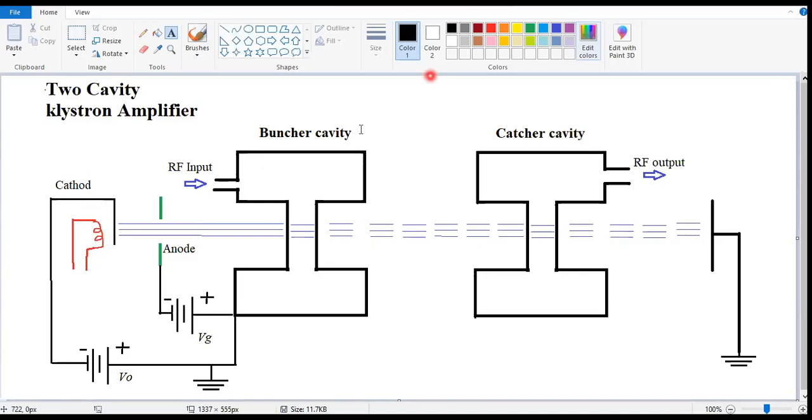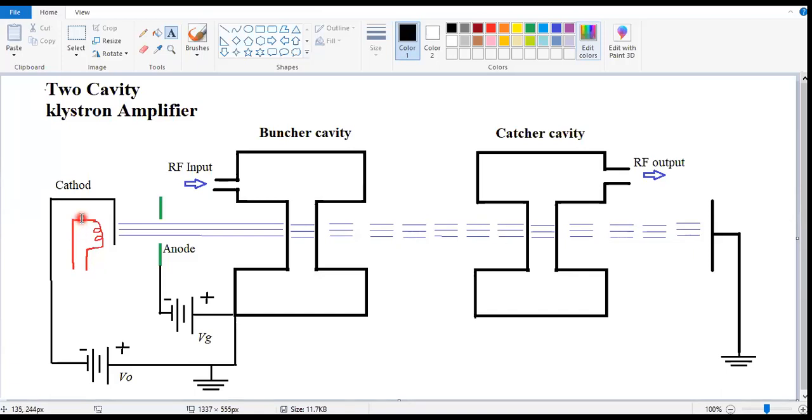I am talking about the CRO, and these electrons travel through the vacuum. So this is also one type of vacuum tube, but the frequency here is very high, in the microwave frequency range.